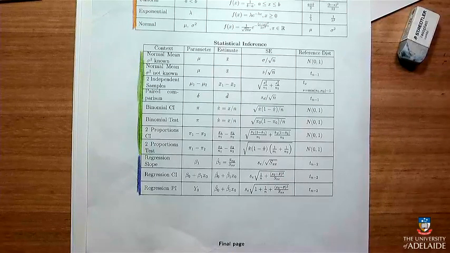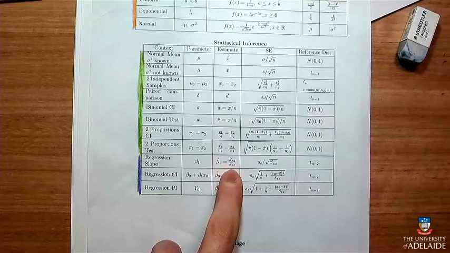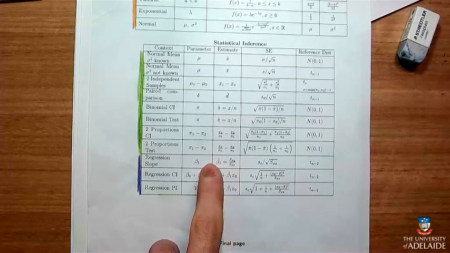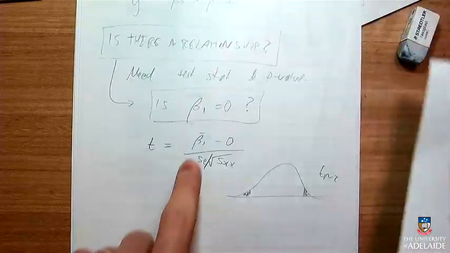So my instinct is that your lecturer will give you some MATLAB output, and you will read that information from the MATLAB output. Or they'll give you a table with a lot of information, some of which isn't necessarily directly relevant. You need to pick out the bits you need. Of course, this beta 1 hat, it says SXY on SXX, but that beta 1 hat is from the MATLAB. It's in the beta vector.